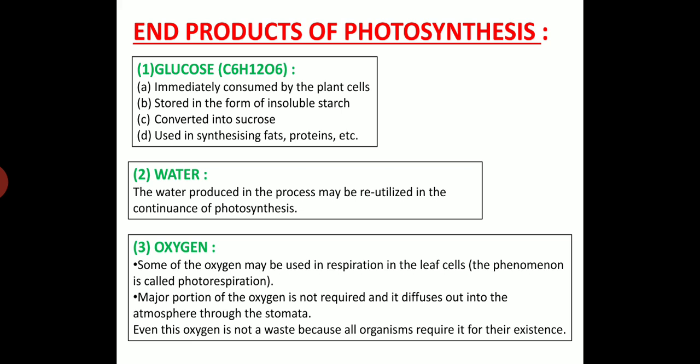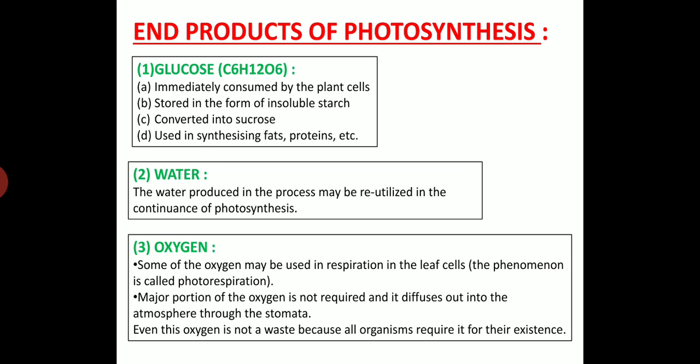And most of the glucose will be stored in the form of starch, which is insoluble. Some of the glucose will be converted into sucrose, and some plants use this glucose for the synthesis of fats, proteins or oils. So these are basically the utilizations of glucose.